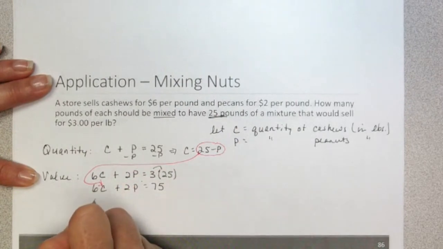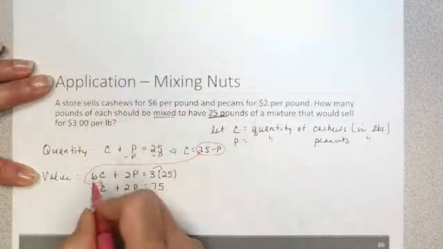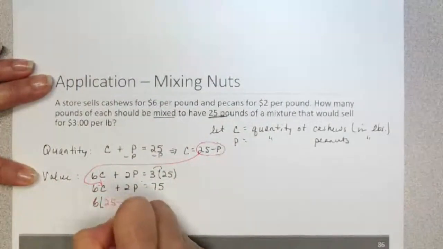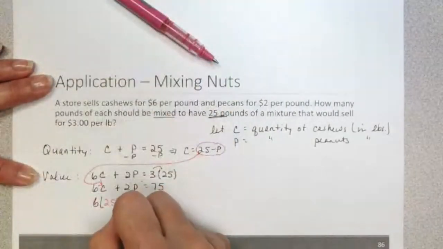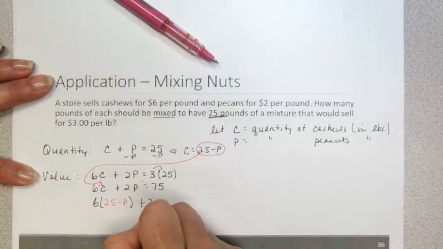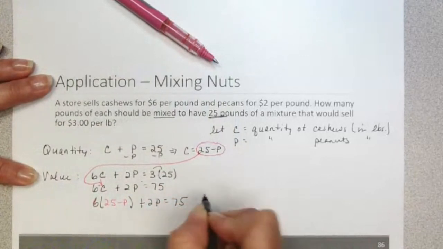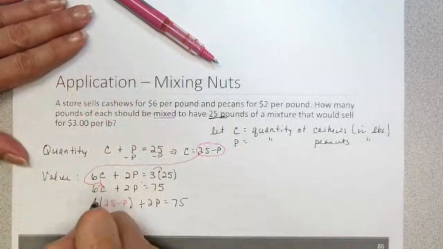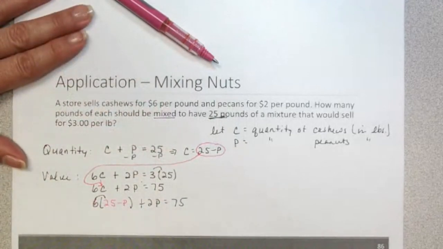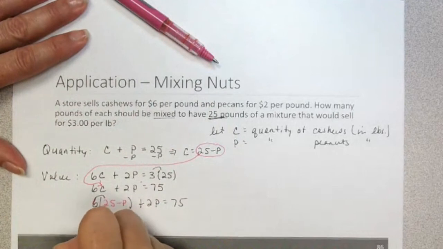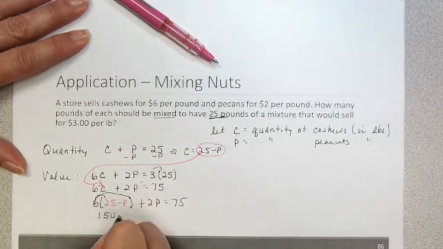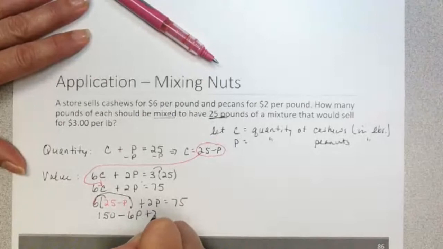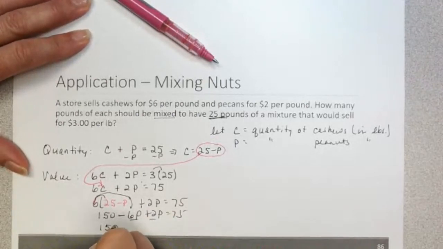So then 6 times this new expression for C, 25 minus P, plus 2P is equal to 75. Okay, now we can simplify and solve for P. 6 times 25 is 150. And 6 times negative P is negative 6P plus 2P equals 75. Combine those P terms. So 150 minus 6P plus 2P is 150 minus 4P.